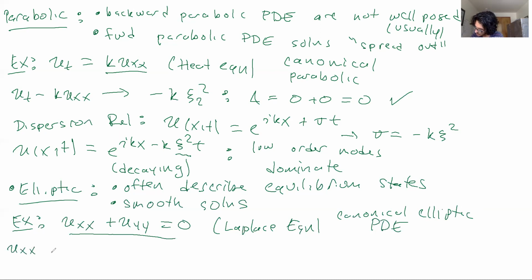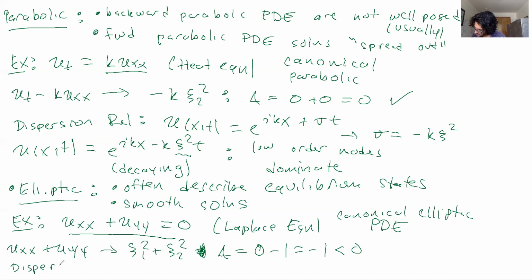And we can work out all our results as we did in the other case. Uxx plus Uyy gives us this as our principal symbol, okay? So delta then is equal to 0 minus 1, or minus 1, which is less than 0, okay? And a dispersion relation is really less meaningful here, okay?